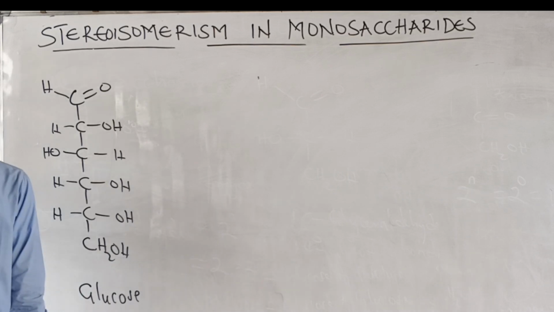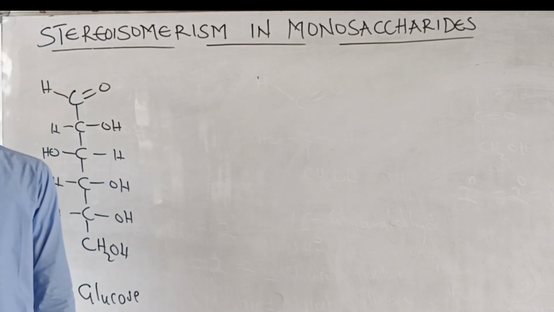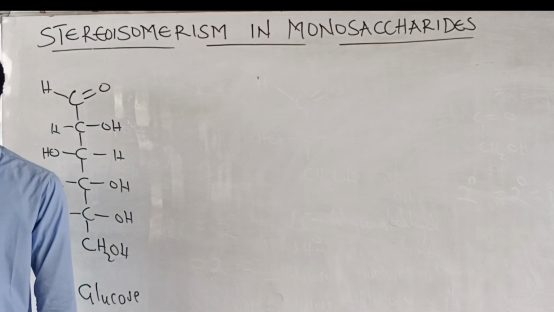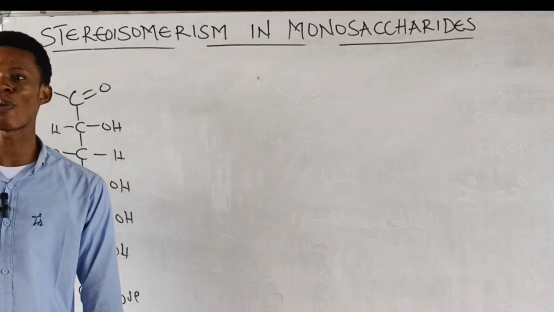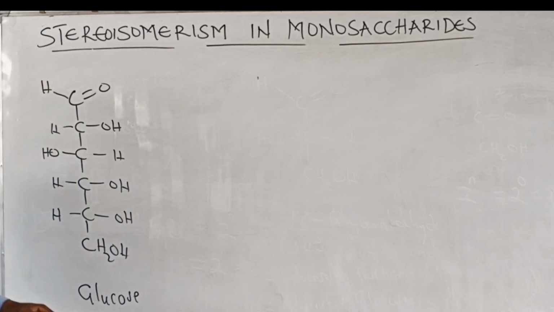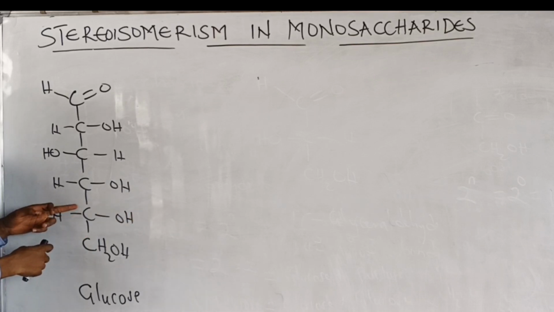Now, to identify if it is D or L, all you have to do is look for the reference carbon. And the reference carbon is always the penultimate carbon. That is the second to the last carbon. Are you seeing it? That is the cheat. Just look at the second to the last carbon. Now, the OH on this second to the last carbon, is it left or right?